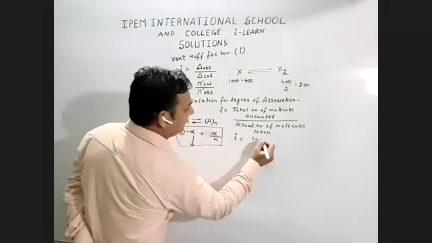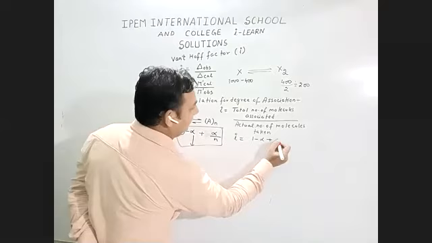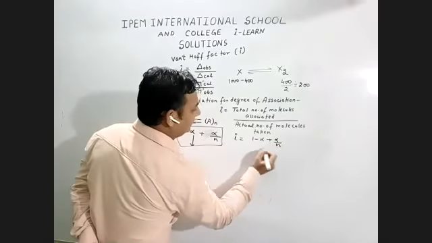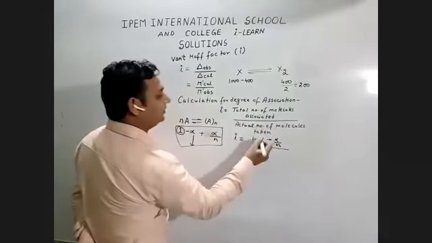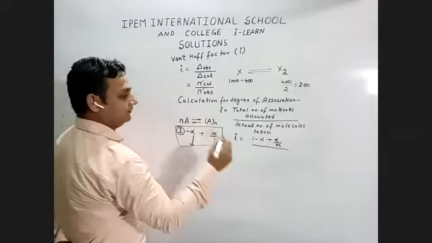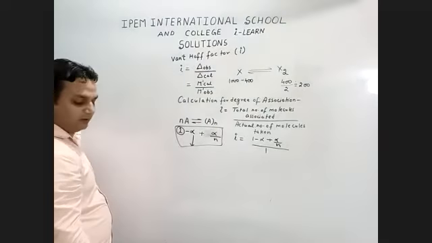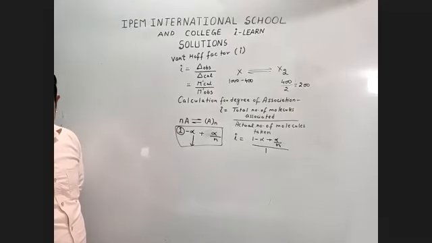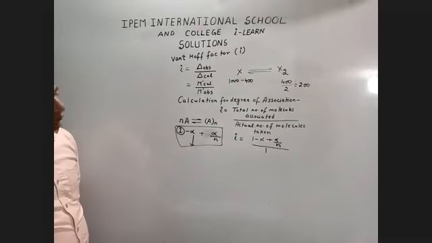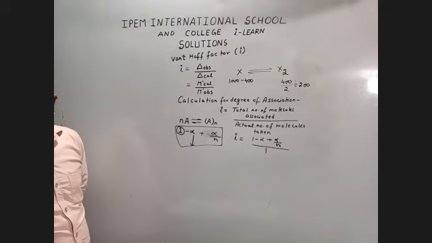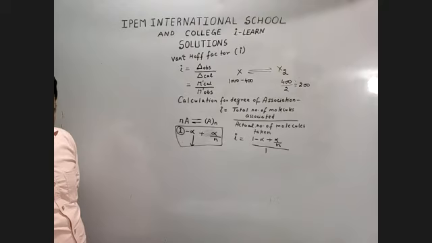So this will become 1 minus alpha plus alpha by n upon the actual number of molecules we have taken, 1. Got it? So i is equal to 1 minus alpha plus alpha by n. Is it clear?